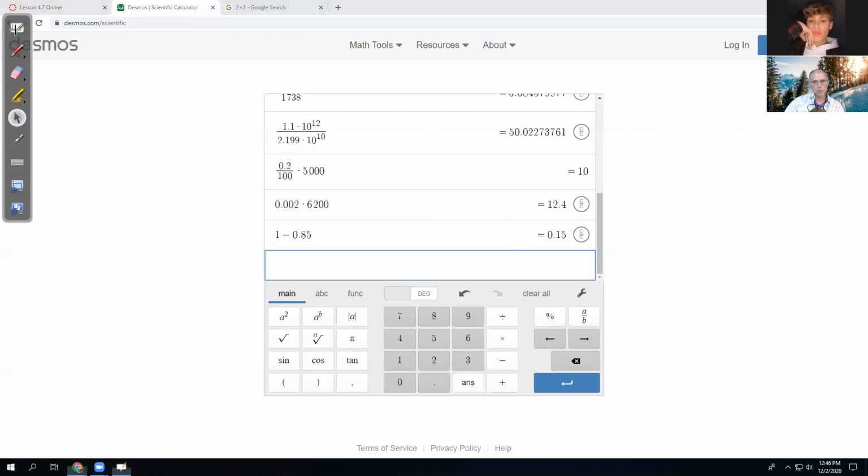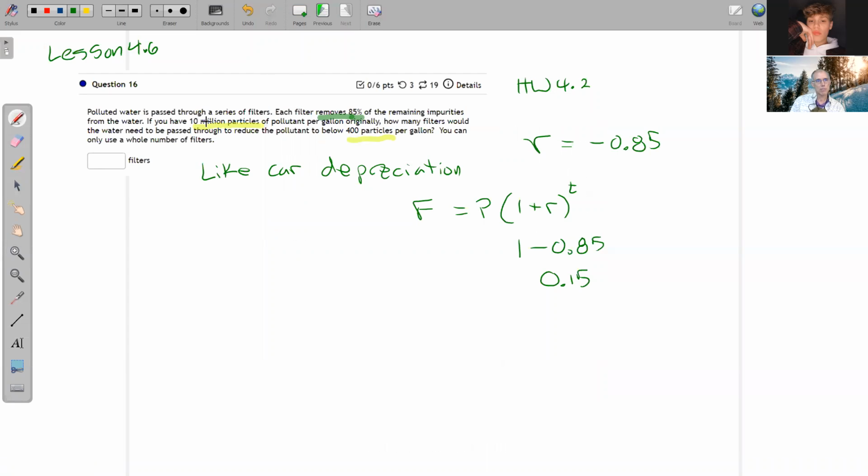So then the next thing we need is our starting amount, and that's the 10 million here. We're starting with 10 million particles of pollutants per gallon, and the end goal is 400 particles. So I'm going to have to write out 10 million here, because this one is just 400. So my P is 10 with 1, 2, 3, 1, 2, 3, because that would be thousands and then millions. That's my P times 0.15, which is this 1 plus R reduced, to the power T, and in this case, T is the number of filters.